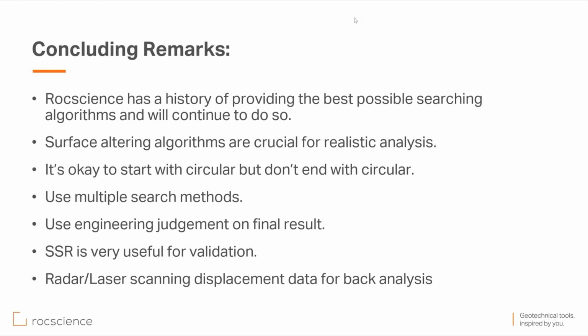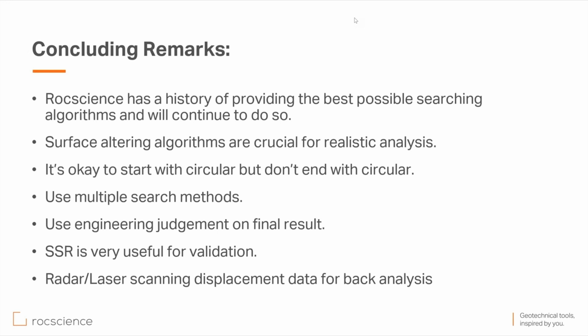Now there are cases where you want to do circular searching, and one of those cases is if you have an undrained material, a frictionless or cohesive material, CU. In those cases, circular searches work quite well.